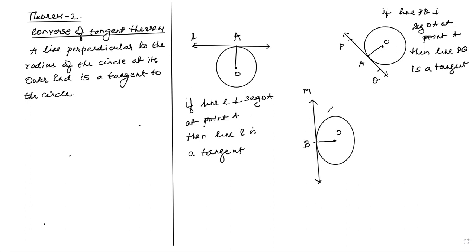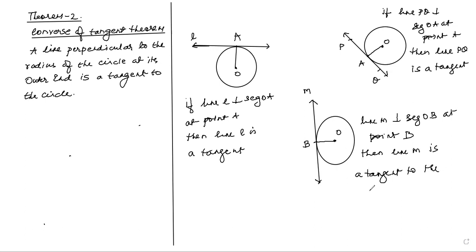So if line M is perpendicular to segment OB at point B, then I can say line M is a tangent to the circle, by converse of tangent theorem. तीनों का reason by converse of tangent theorem. I hope everybody understood me here. A line perpendicular to the radius of the circle at its outer end is a tangent.